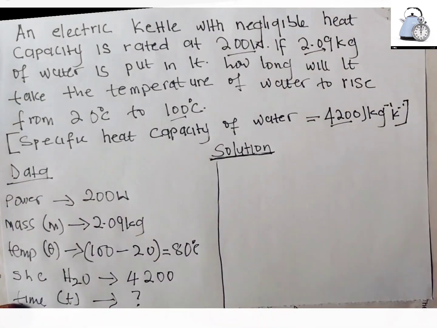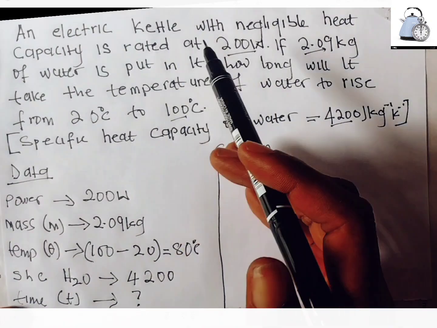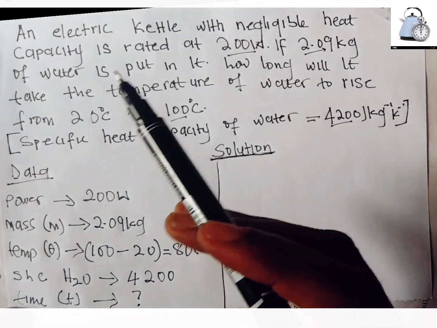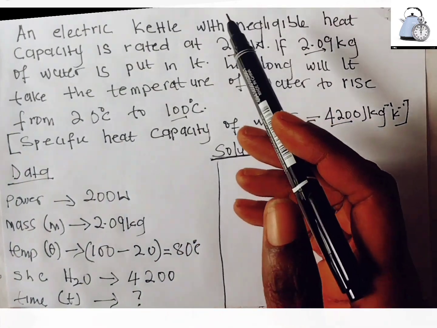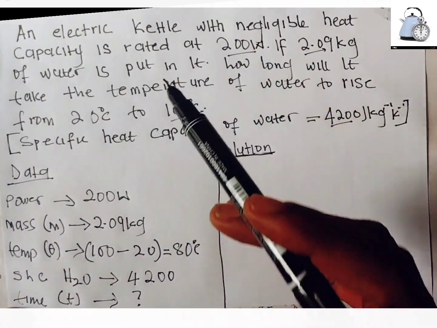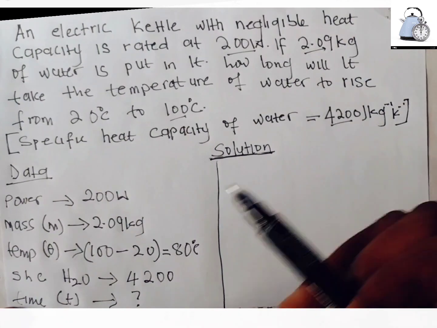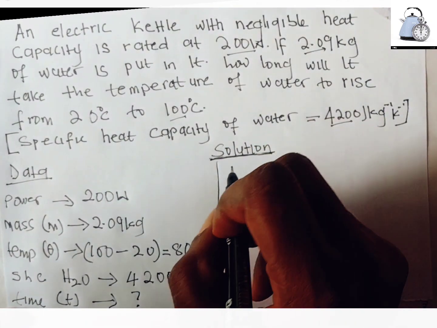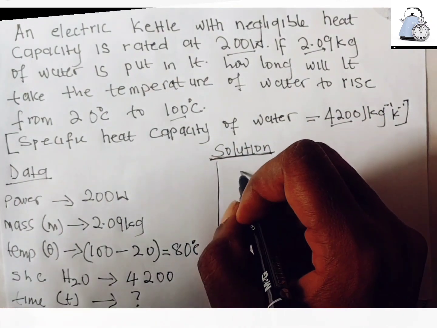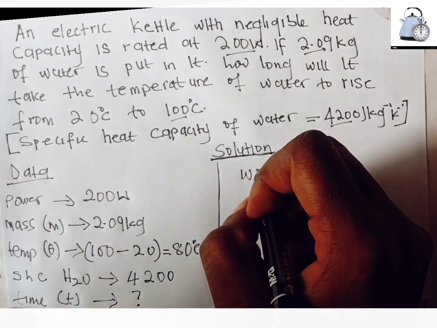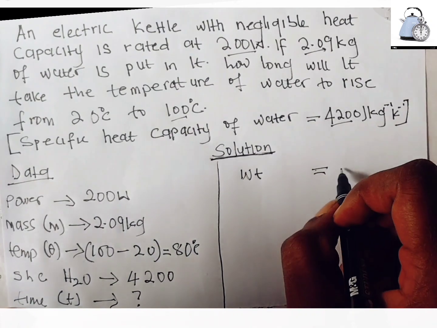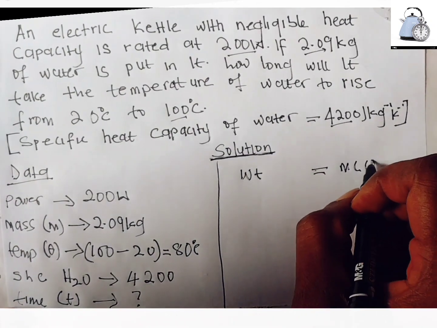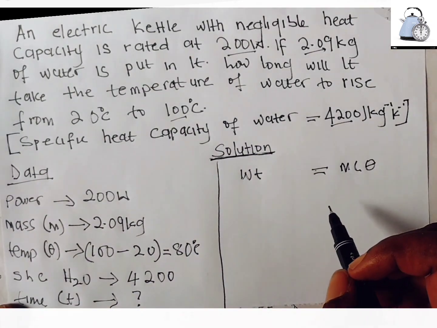Okay, now what formula will I use? What is happening here is simply that somebody is boiling water with an electric kettle, which means that electric energy is being converted to heat energy. So I use this formula to state the action. I use WT, which stands for electric energy, equals MC theta, which stands for heat energy.